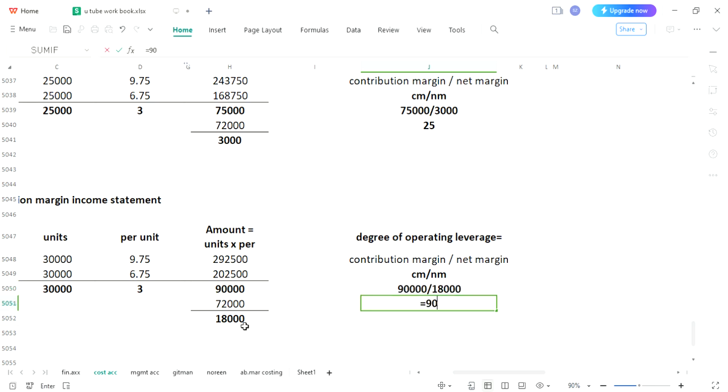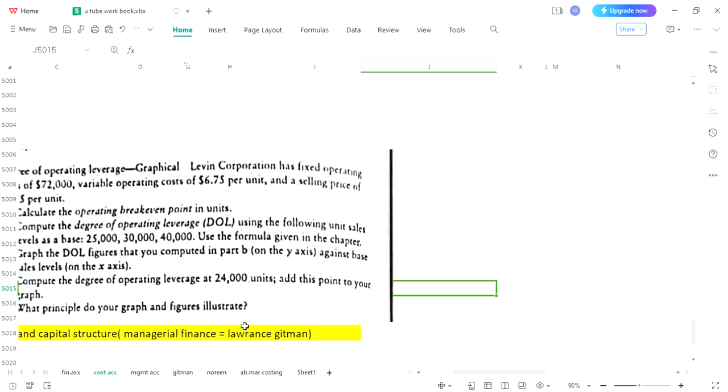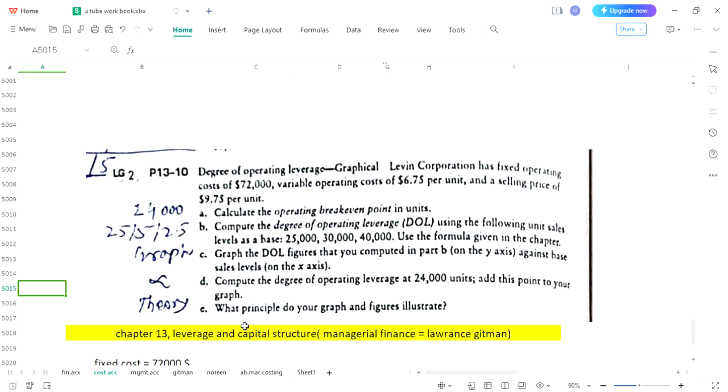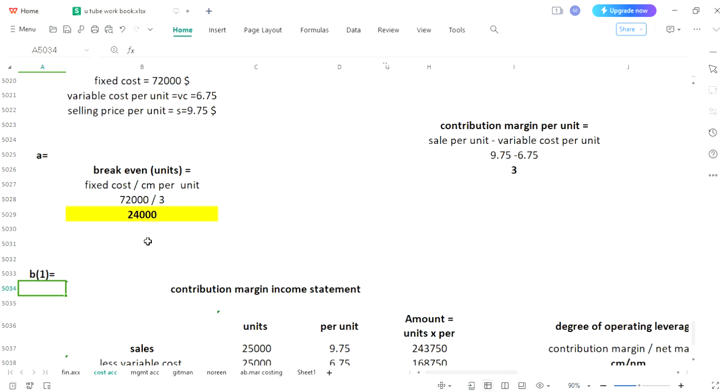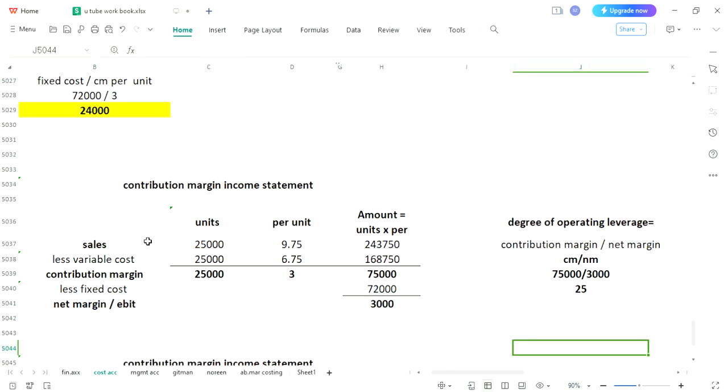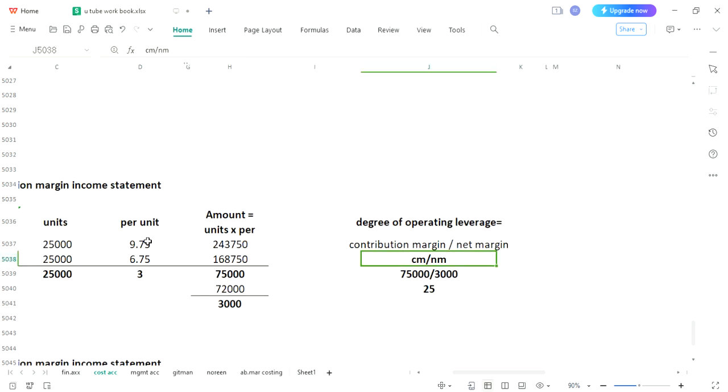Now we can calculate it. 90,000 divided by 18,000. So we have the second degree of operating leverage, which has been calculated, and that is 5. So go back to the question, and here you have calculated the second degree of operating leverage 5. In this way the B1 part was calculated.